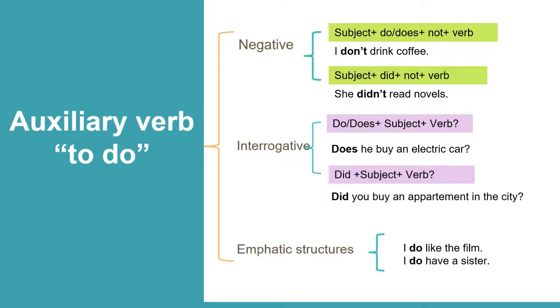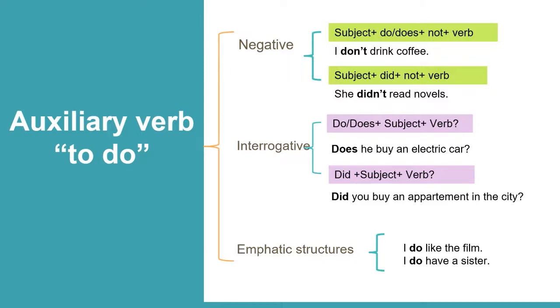To make a negative sentence in past simple, we need a subject, an auxiliary, not, and the verb. She didn't read novels.